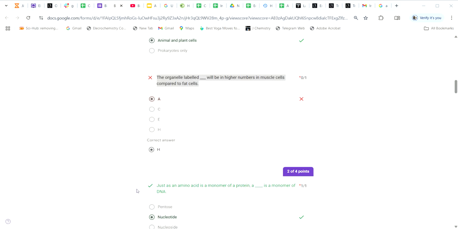Mitochondria, okay, that is more in muscle cell than fat cell. What will muscle cells require in large amounts?